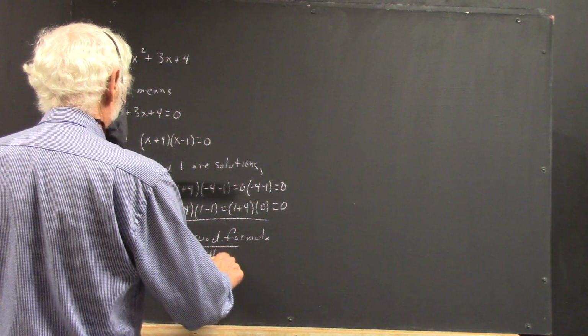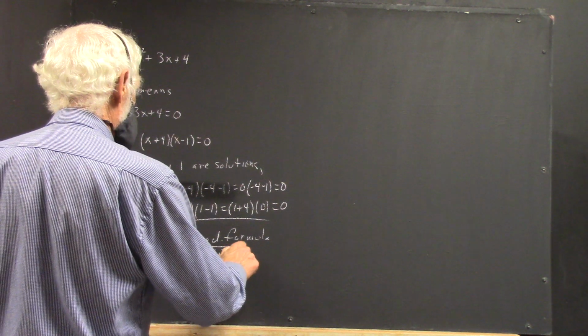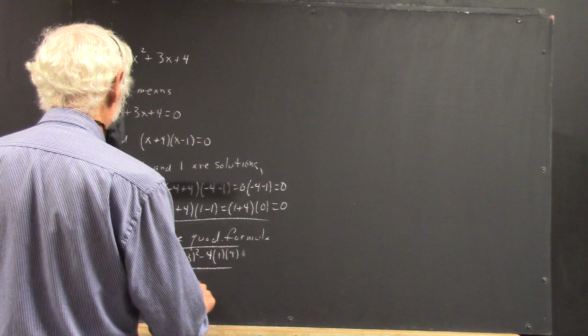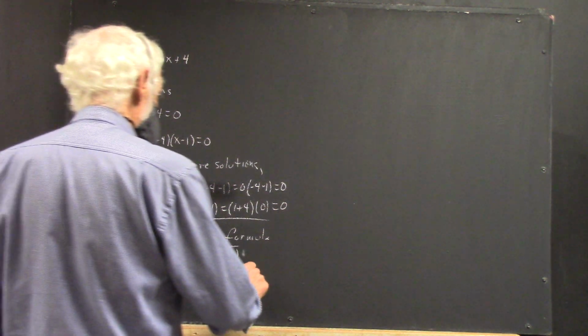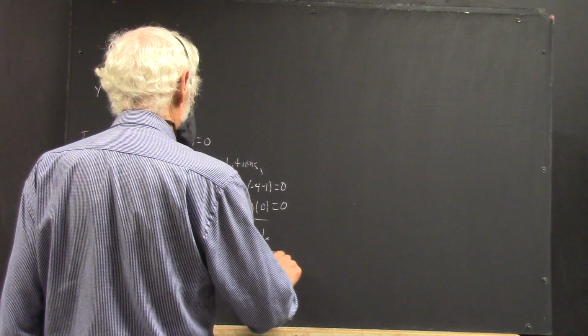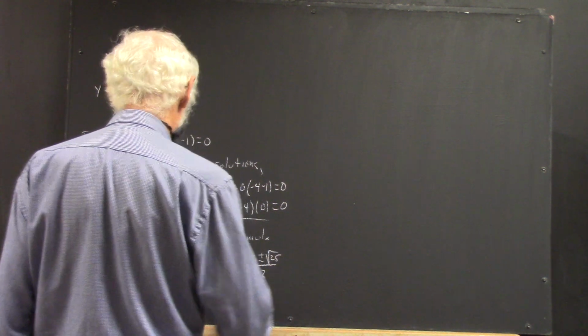Minus 4 times a, which is 1, times c, which is 4, over 2 times 1. That's negative 3 plus or minus the square root of 25, over 2.